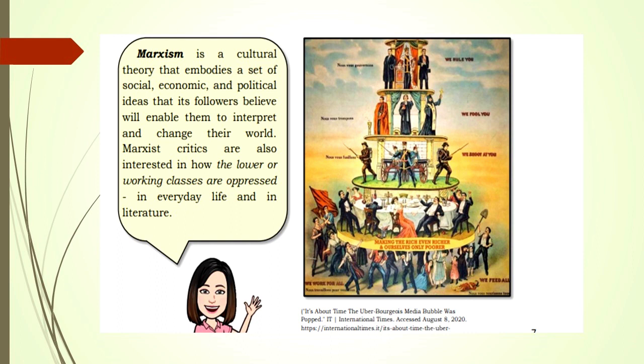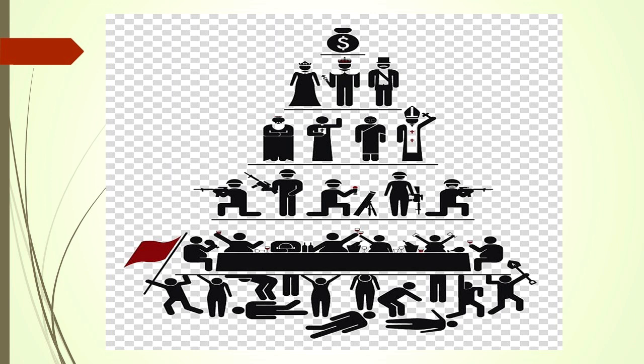Marxist critics are also interested in how the lower or working classes are oppressed, that is, in everyday life and in literature. Now, in this illustration, this reflects economics, politics, the kind of people and their society where they live in.